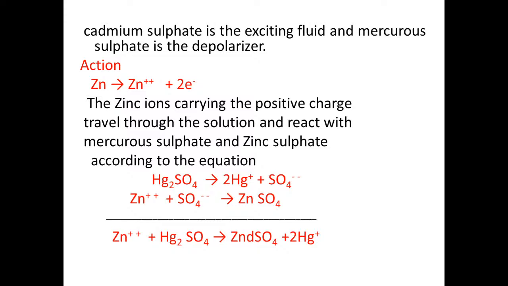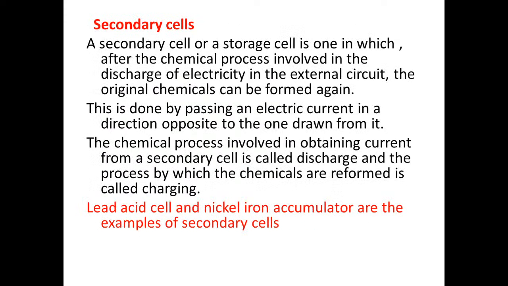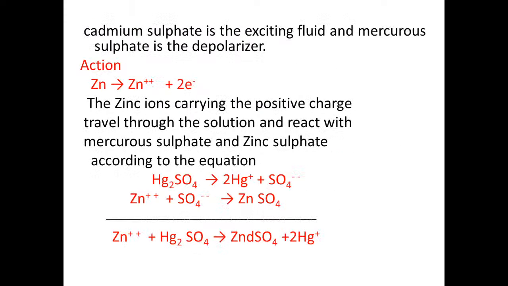So, here zinc sulfate is the exciting fluid and mercurous sulfate is the depolarizer. Action: zinc changes to zinc ions plus 2 electrons. The zinc ions carrying the positive charge travel through the solution and react with mercurous sulfate and zinc sulfate.